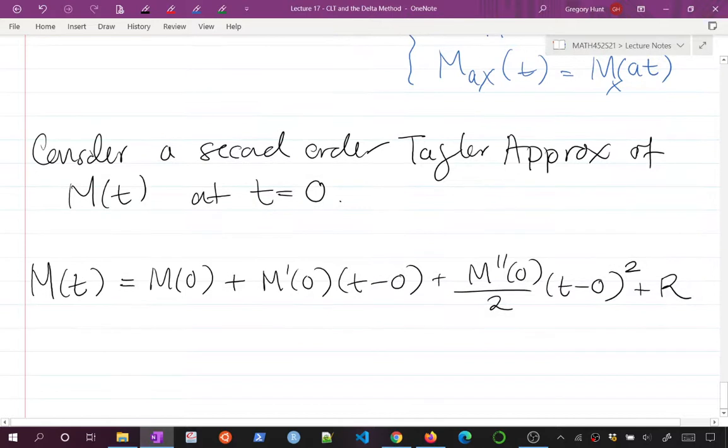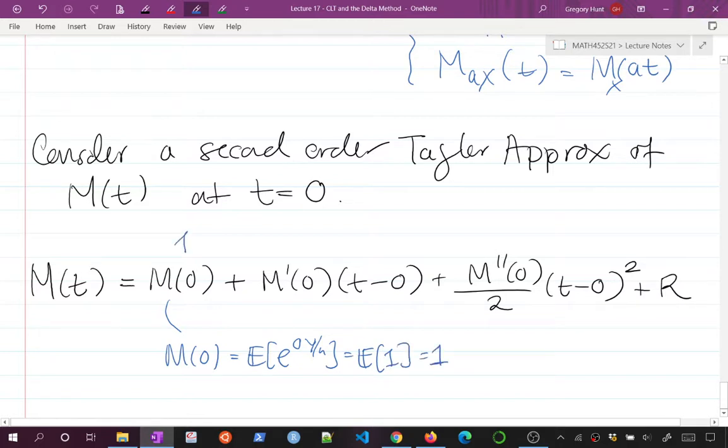Now we should recognize some of these terms here, right? So first of all, M of 0 is the expected value of e to the 0 times whatever, my y_n. It's just the expected value of 1, which is 1. So M of 0 is just a number, 1. And you remember back to 451, a theorem about the derivatives of the moment generating function evaluated at 0.